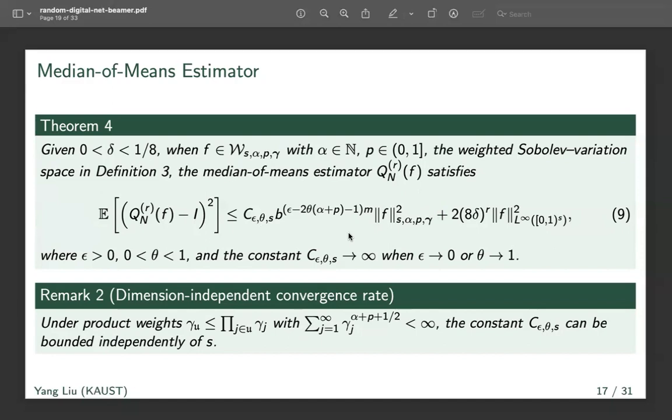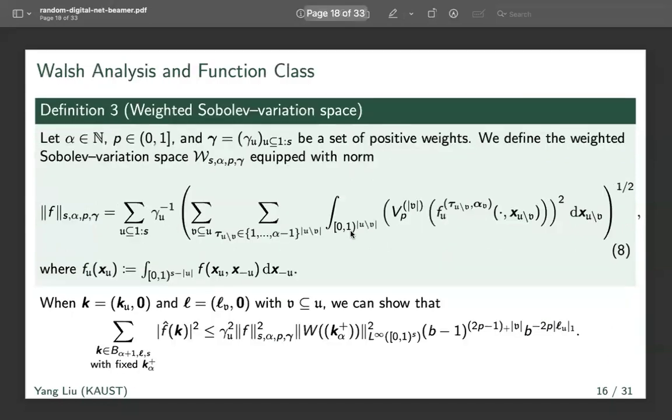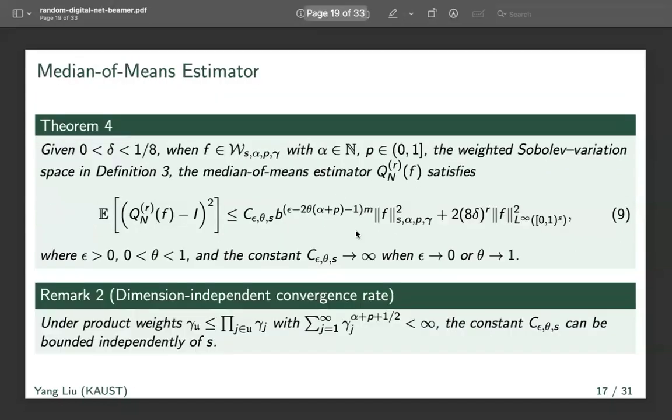That is, if more than half of the estimators are in this regime, then the median must be in this regime. So this part enjoys this fast convergence rate. When we take epsilon close to 0 and theta close to 1, we have a convergence rate of alpha plus p plus 1/2. So alpha is the differentiability of the function, and p is the order in this Vitali variation.